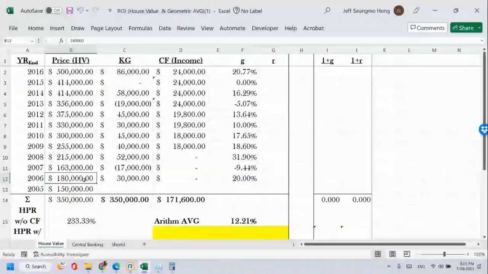In year 1, this was 20% of this. If the growth rate is constant at 20%, in year 2, it's going to be 20% of 180K, which should be 36K, right? Year 3 and so on. So in other words, if it is growing at a constant rate, there is a compounding going on.